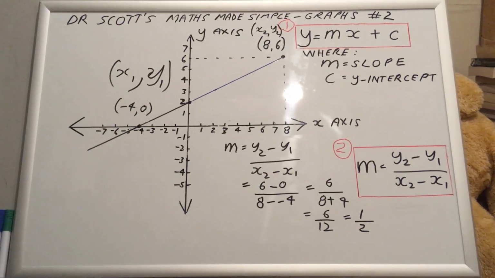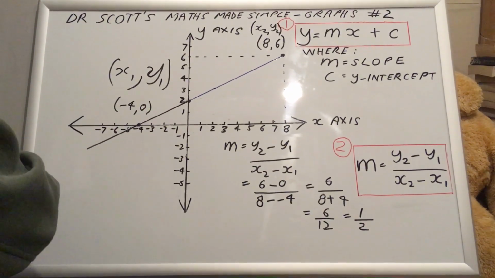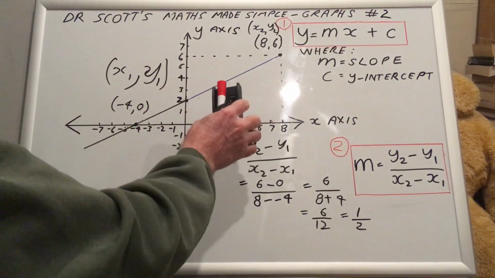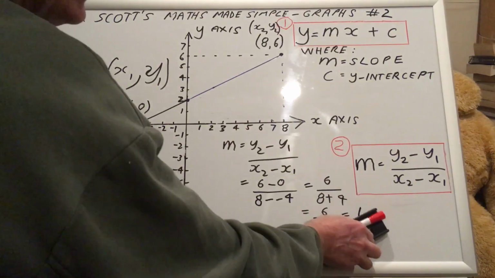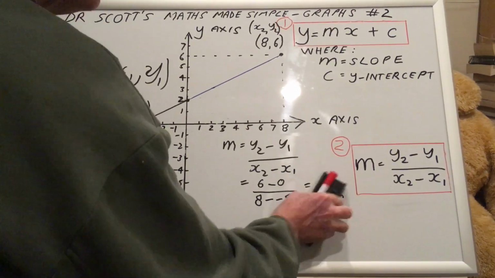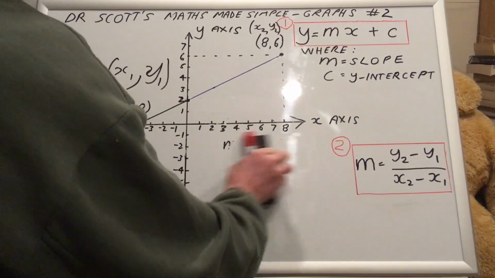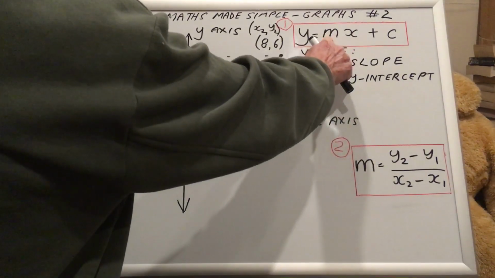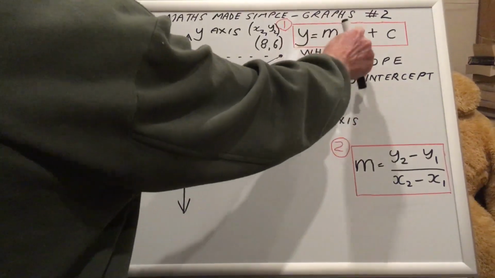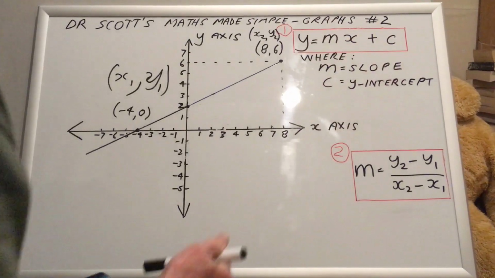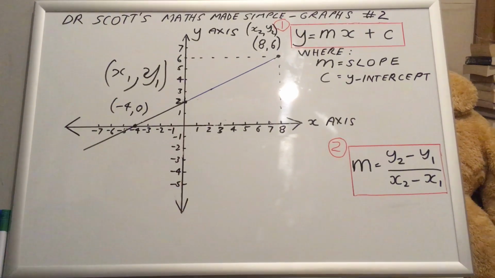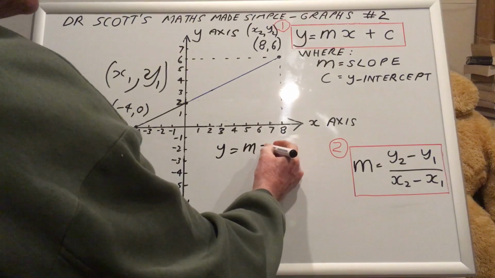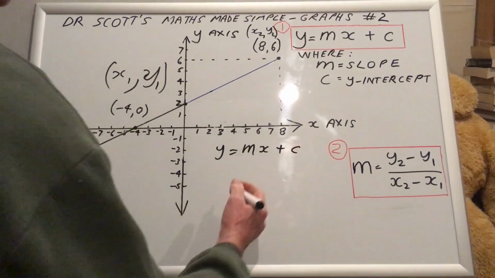The next thing they might say to you is, okay, you've worked out the slope, where does it cross the y-axis? Where's the y-intercept? So we know the slope is 1/2. We've worked out m, and we have a couple of y's and a couple of x's. We need to know c. Well, we start with our formula, y equals mx plus c.